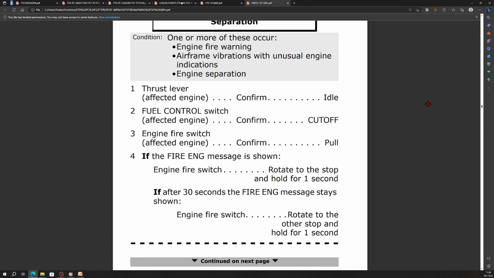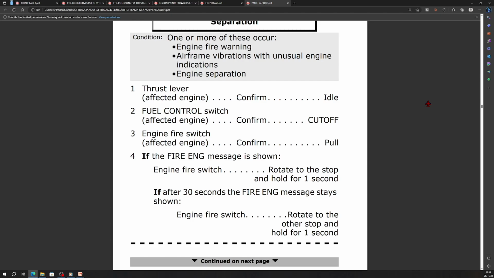Something you have to be aware of when you're sitting in the right seat, and in the left seat it's the same thing: you could cup the fire switch the wrong way, and the first officer wouldn't be able to see it if you kept him as the pilot flying.